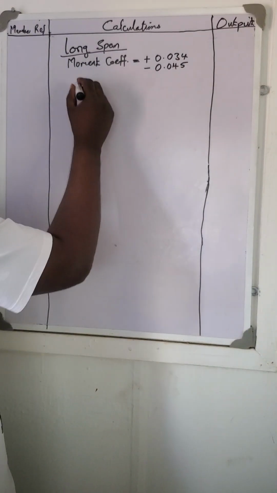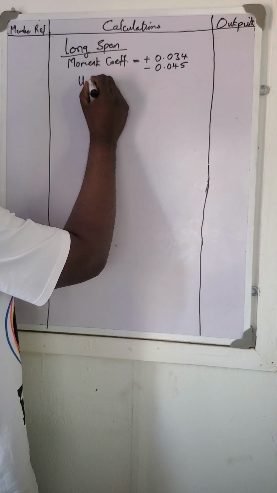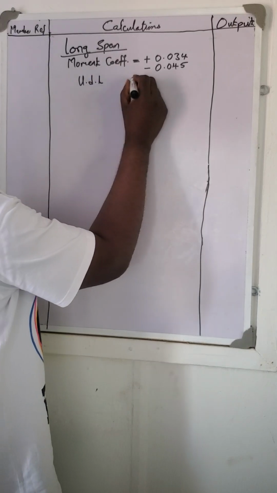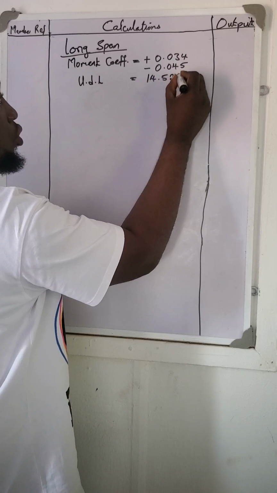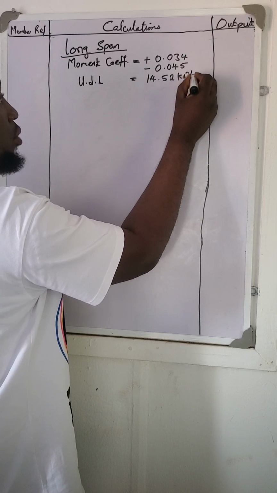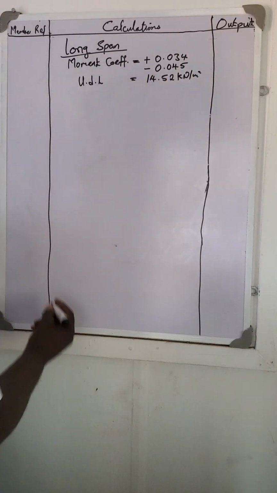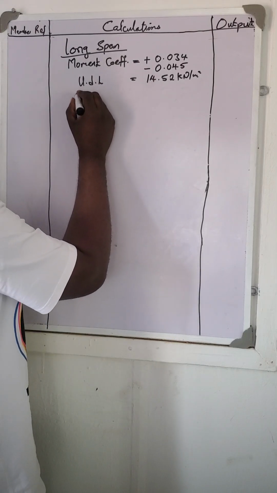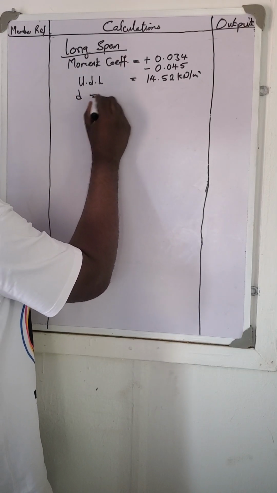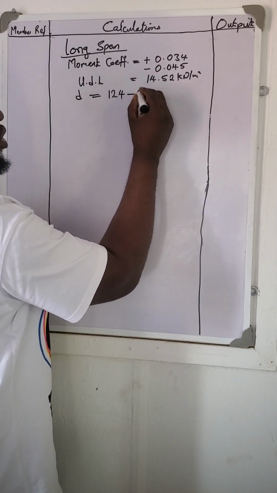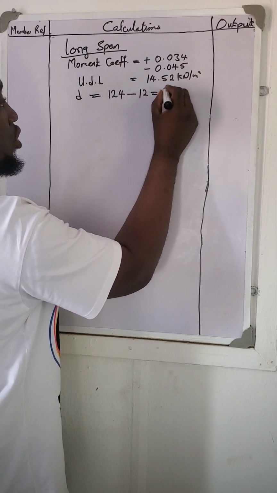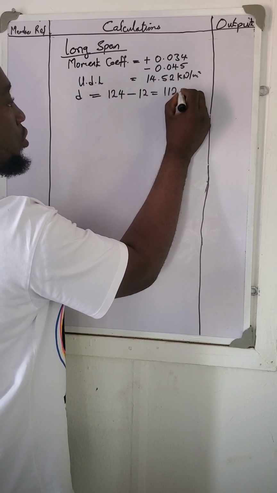Now, our UDL was equal to 14.52 kilonewton per meter square. Our new D will now be equal to 124 minus 12, equals 112 millimeters.